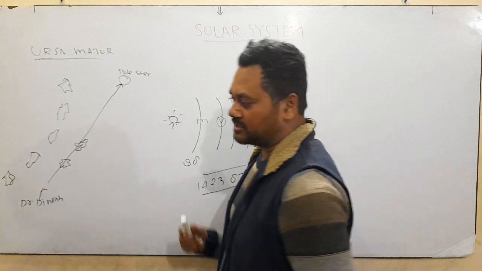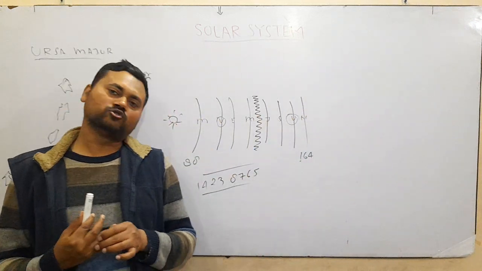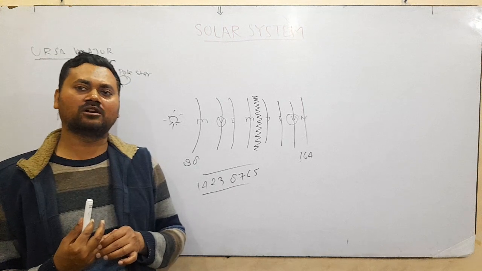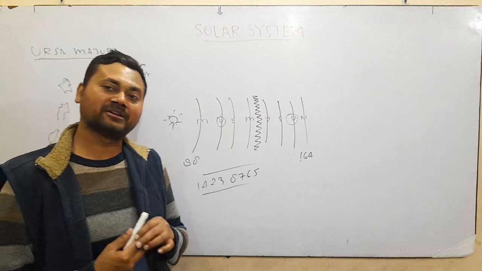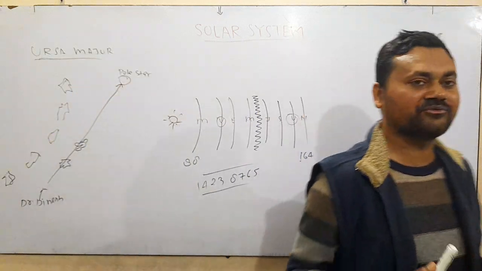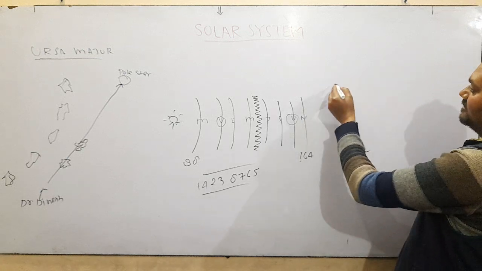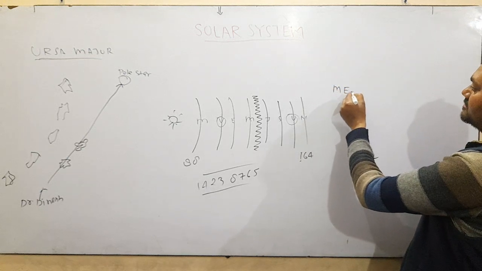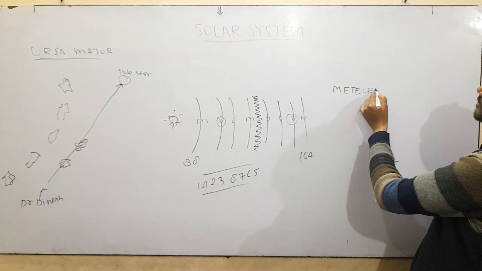My question is, you have heard the word asteroid. You have also heard the words meteoroids, meteor, and meteorite. What is the difference among all these? The first is meteoroids.